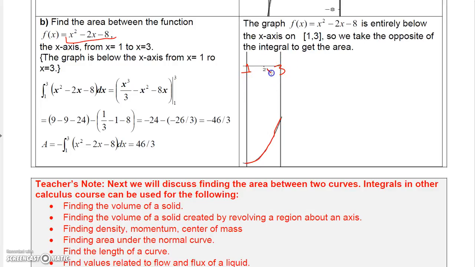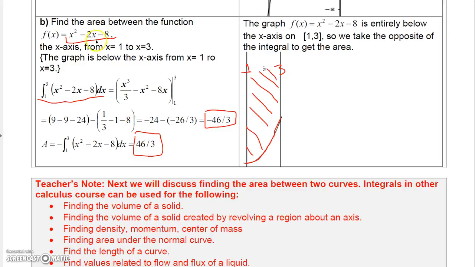So basically you're looking for this area between the x-axis and the function, but since it lies entirely below, when you integrate this from 1 to 3, it's actually going to give you negative the area. So you can go through and do the integration on your own, but once you integrate it and get negative 46/3, to get area you have to change it to positive 46/3.